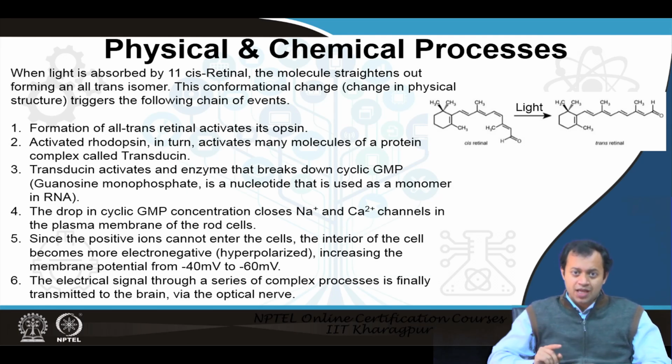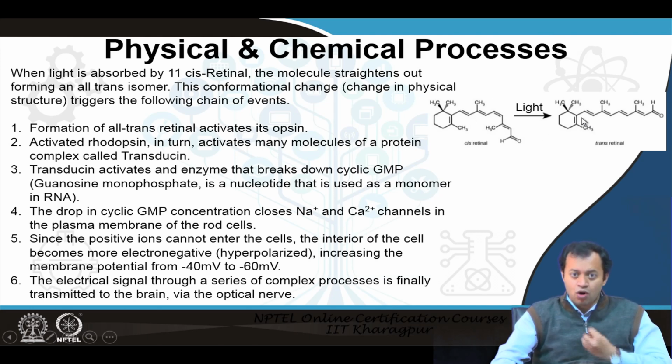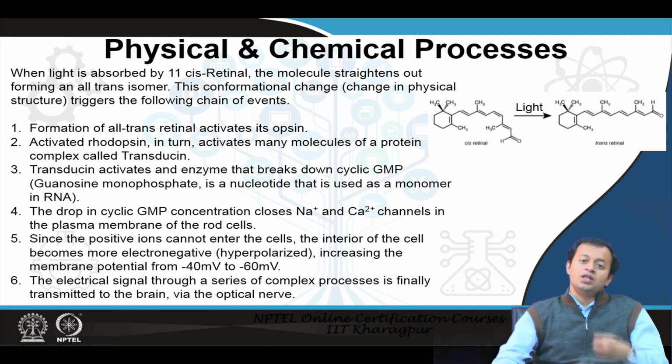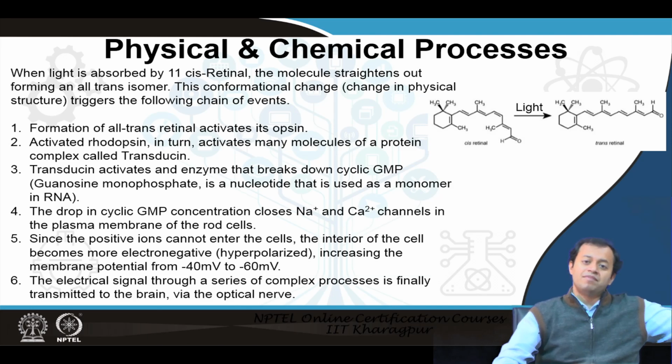A chain reaction is happening. Light is falling onto this molecule. The shape of the molecule is changing. There is a conformational, a physical change in this molecule. The physical change kicks another protein. The protein kicks another protein. That protein produces an enzyme that breaks down GMP, a nucleotide.